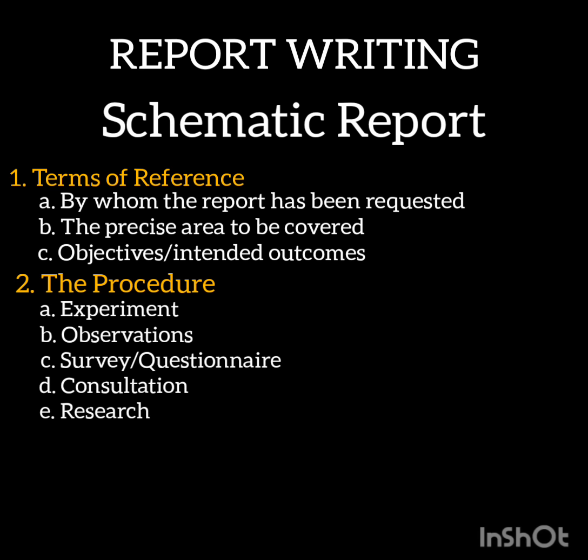So here you list or indicate the procedure or method that you used or you are going to use to collect the data or the information that is needed. So the terms of reference and the procedure form the introduction of a schematic report.